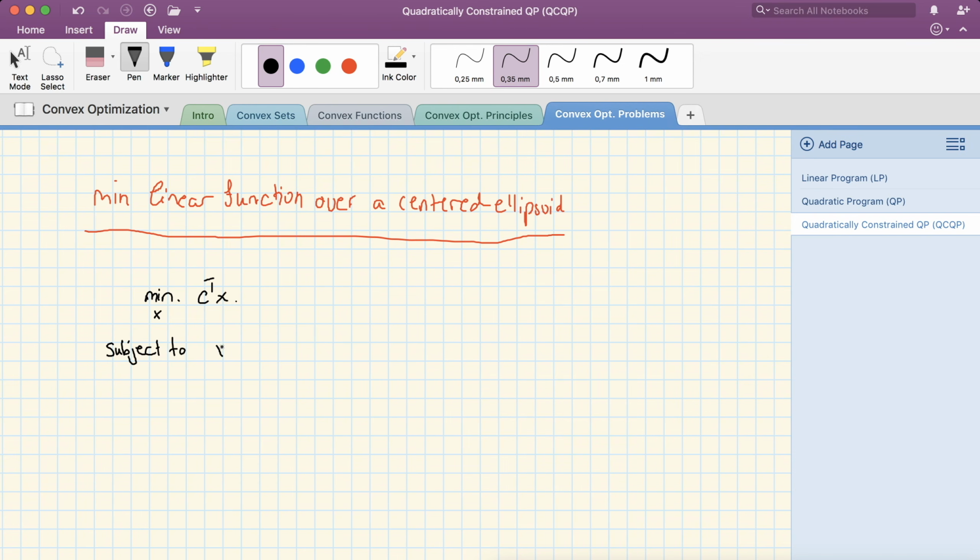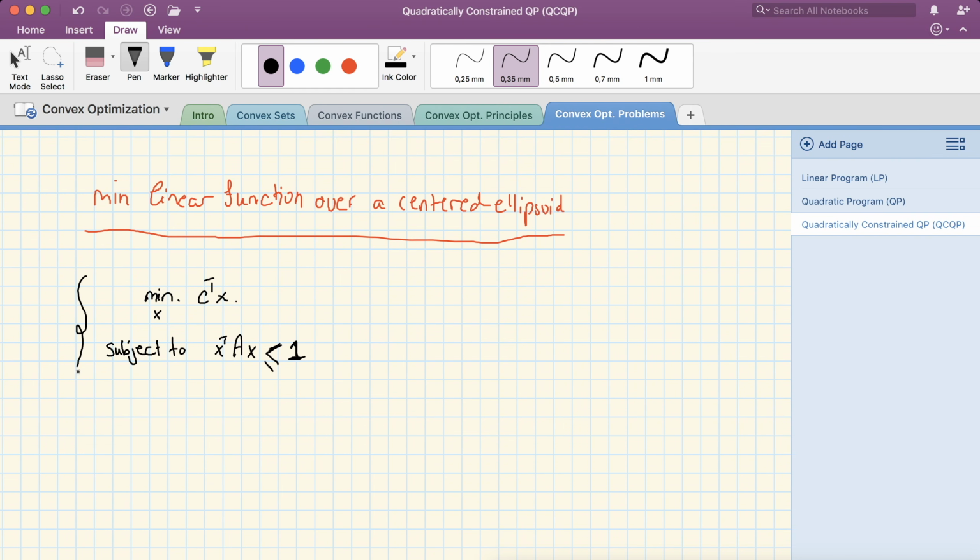We know that a quadratic form as such reflects a centered ellipsoid, where A is a symmetric positive definite matrix, of course. And to define the boundaries of the ellipsoid, it's bounded by 1. You can bound it by r, right? Or any number you want, but for simplicity, we're bounding it by 1.